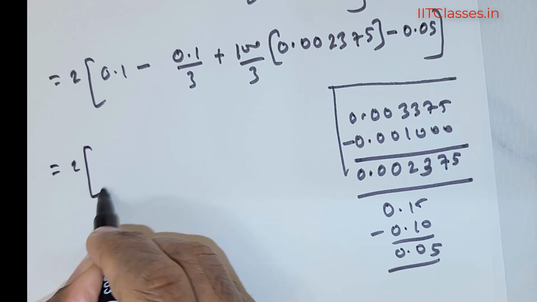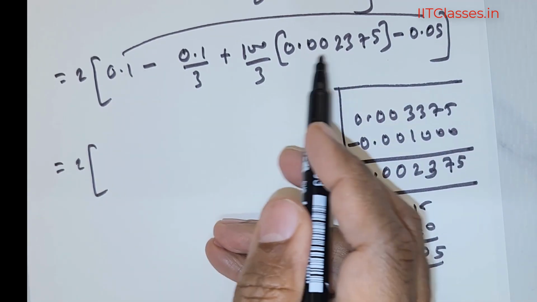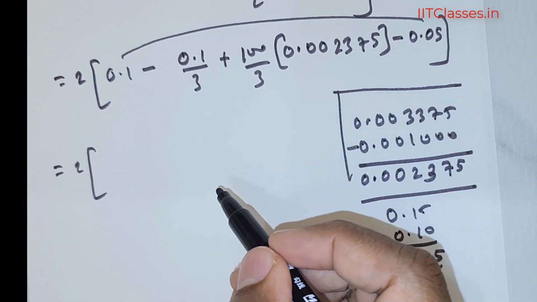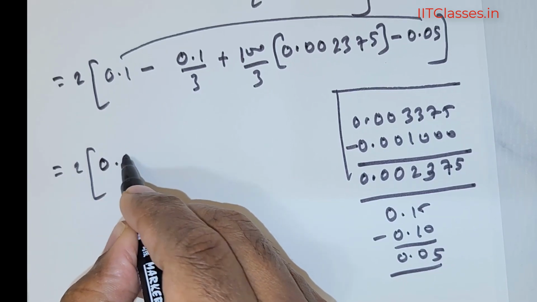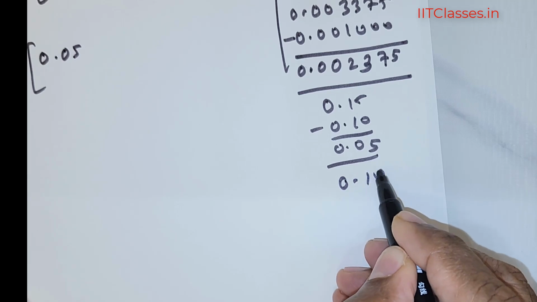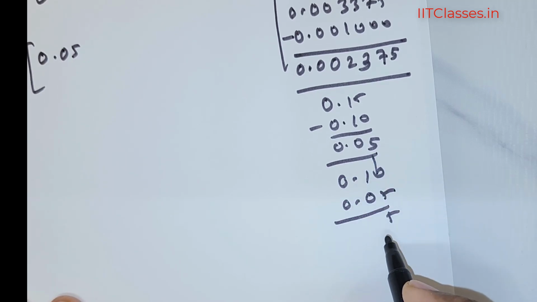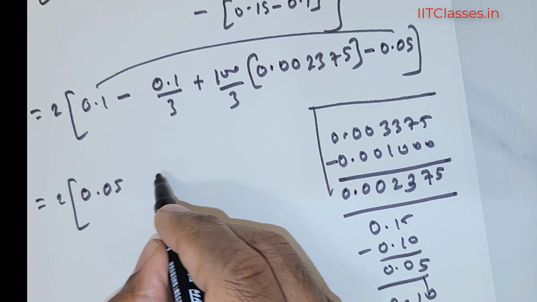Now this can be rewritten as 2 times of, now I can club these two together, 0.1 followed by negative 0.05. So that is going to give me 0.05, is it not? So 0.10 minus 0.05 is 0.05.